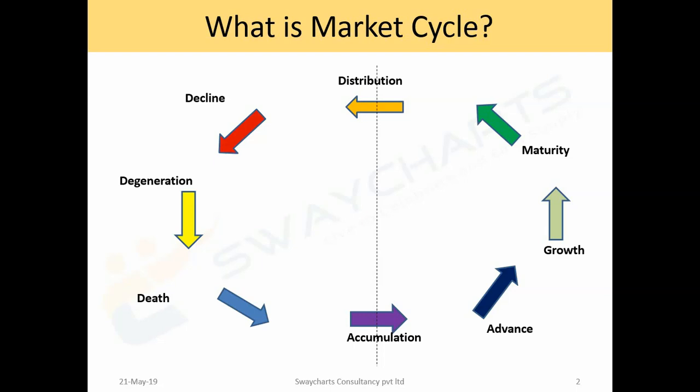Then was the US subprime issue, which brought the entire world market down. If you recollect the year, it was 2008. And then we had a China meltdown, which was again 2016. So if you recollect, it is 92, 2000, 2008, 2016. So every 8 years we are seeing that there is a crash in the Indian markets.